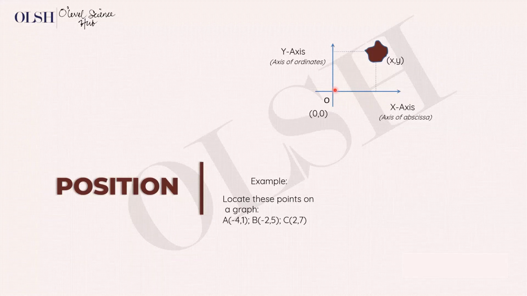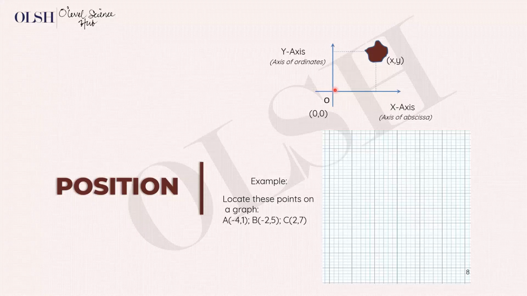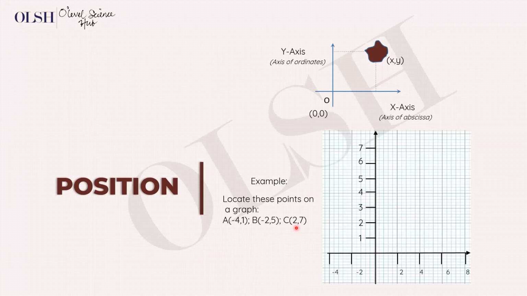As an example, let's locate the points on a graph: A (-4, 1), B (-2, 5), C (2, 7). So let's draw our axis. Now, if we need to locate (-4, 1), -4 is on the x-axis and 1 on the y-axis.